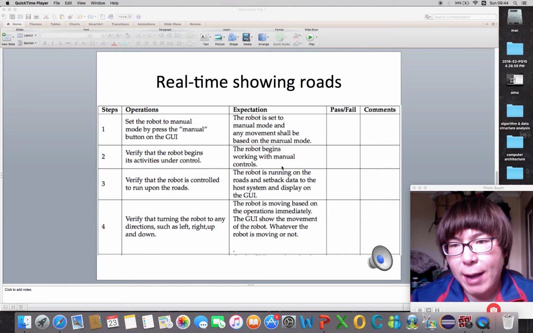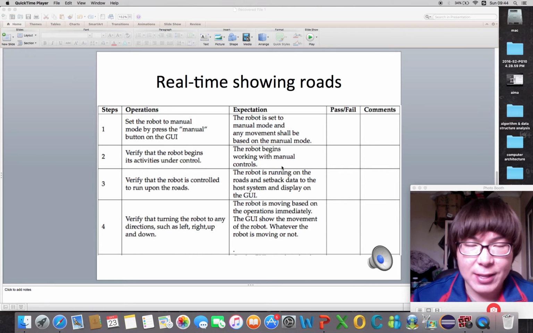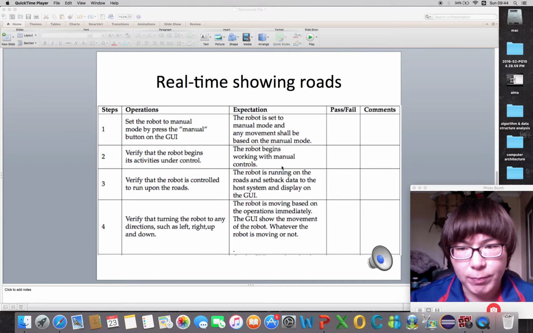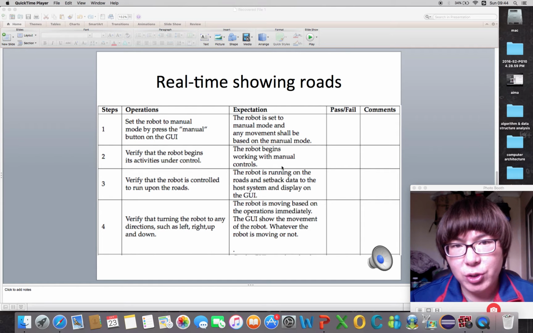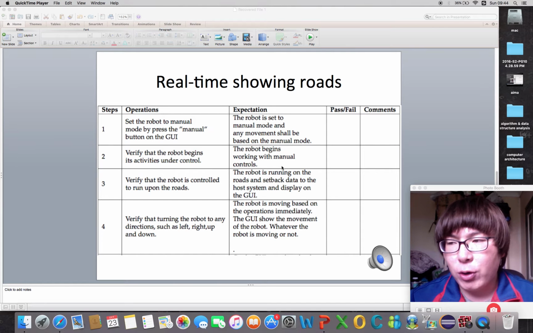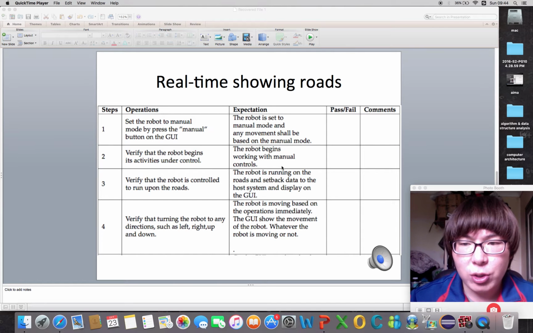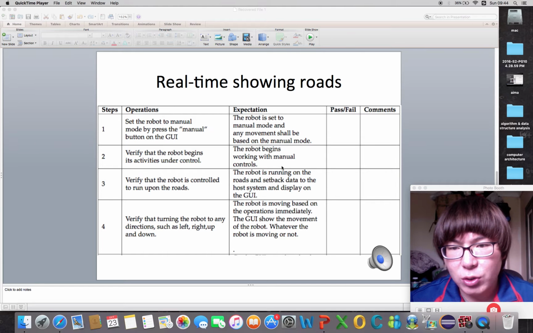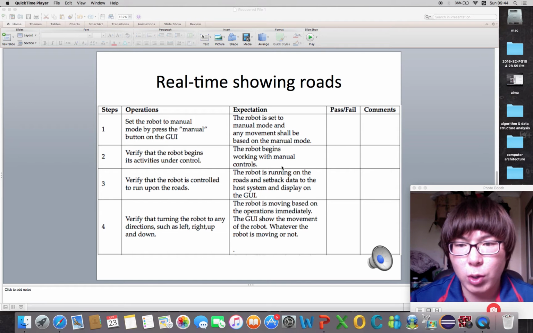In this graph, it also has operations and corresponding expectation. The real-time showing roads, like in step 3, for the operation of the robot, verifying the robot is controlled to run upon the road.